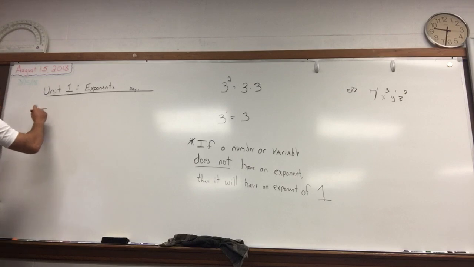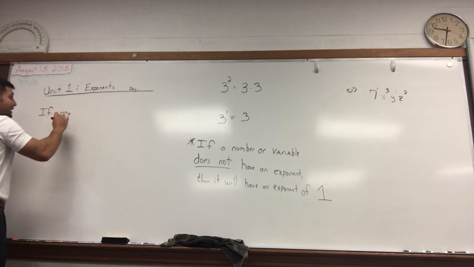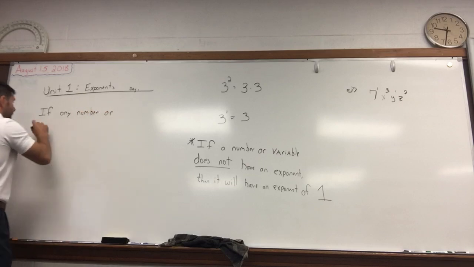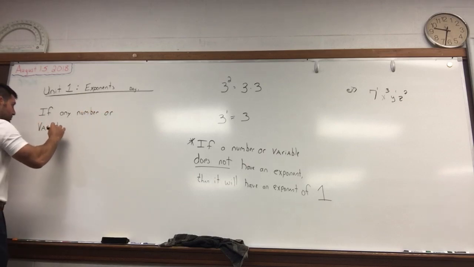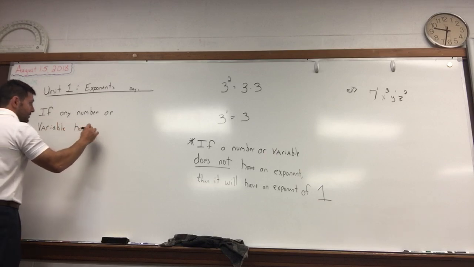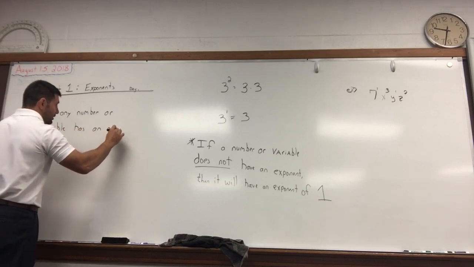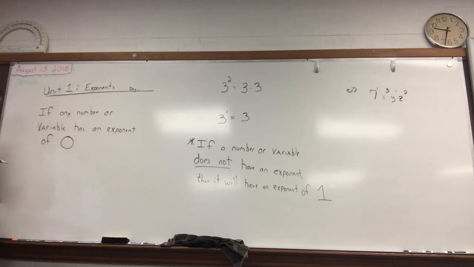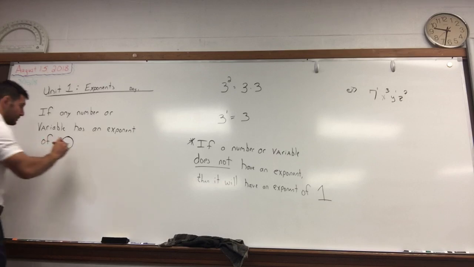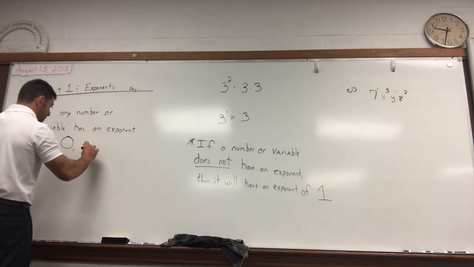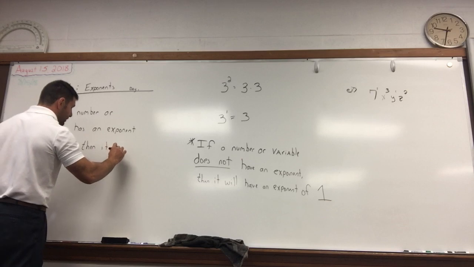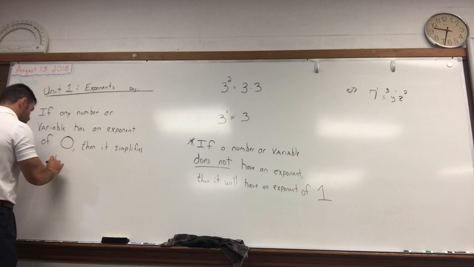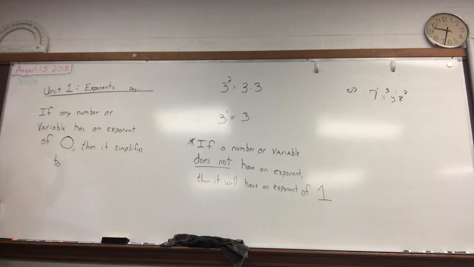If any number or variable has an exponent of 0, then it simplifies to, everyone take a guess? 0.